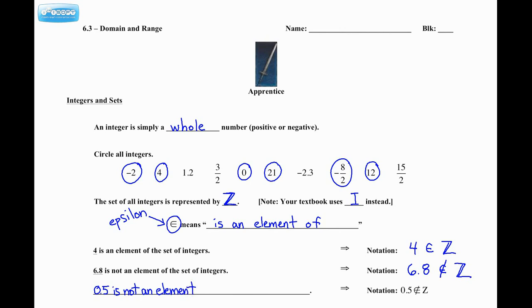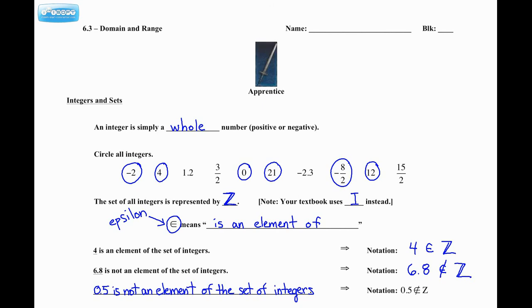That's why we use symbols. And once again, what's a set? It's just a collection of things, in this case numbers. So the set of integers is a collection of all of the integers in the universe.